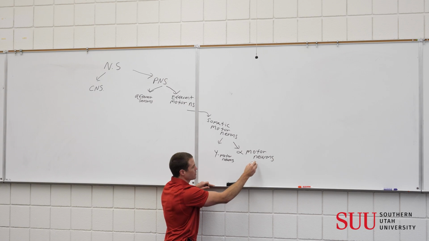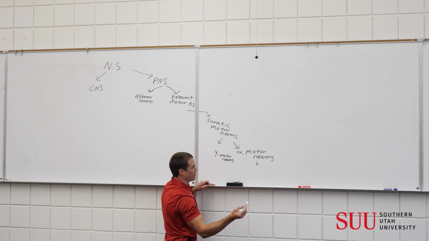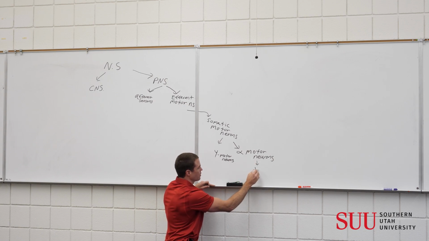Now, what do your alpha motor neurons do? These ones control your skeletal muscle, right? So I'll just do that backwards, skeletal muscle. And these ones are going to be extrafusal fibers.